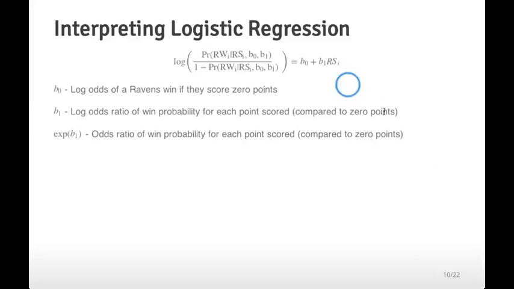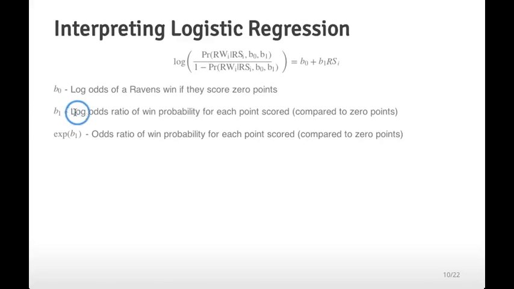So the way that we interpret this is, we are now fitting this model as opposed to the model where we had just the expected value of the Ravens win over here on the left-hand side. So how do we interpret this? B0 is interpreted as the log odds of a Ravens win if they score 0 points. So if the Ravens score 0 points, we get that the log odds is equal to B0.